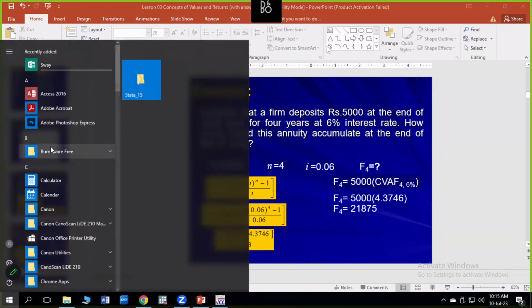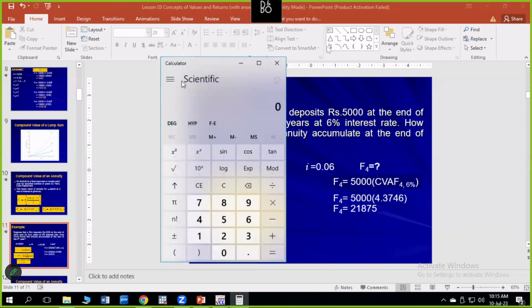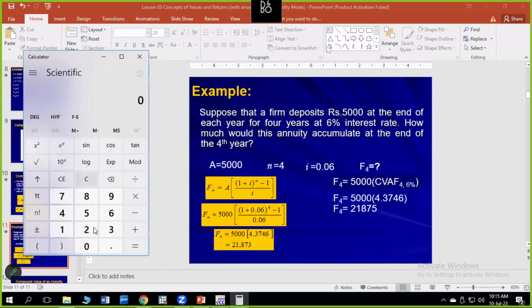So the problem is coming with this long digits.